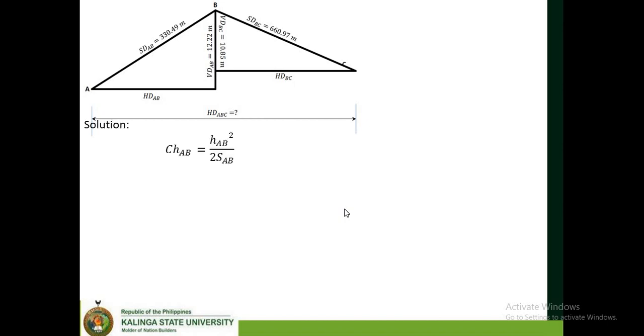Let's solve this one. First, let's solve for the correction due to slope from A to B. Again, our equation for correction due to slope is h squared over 2sd. Baka malito kayo, this is sd. So, substitute natin. The value of HAB is VDAB, that is 12.22, divided by 2 times 330.49.